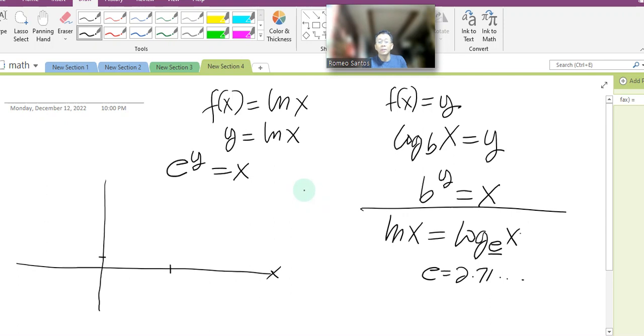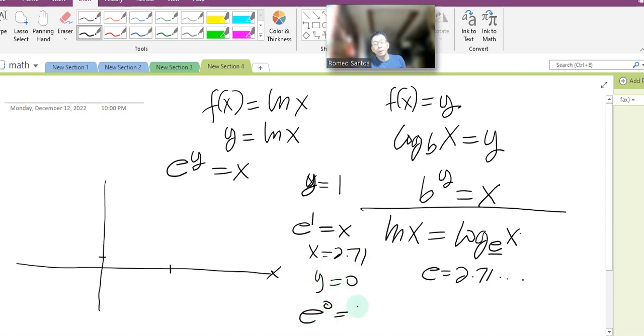For example, when y is equal to 1, e^1 is equal to x. Of course, e, which is 2.71, raised to 1 is equal to 2.71. Now, when y is equal to 0, e^0 is equal to 1.